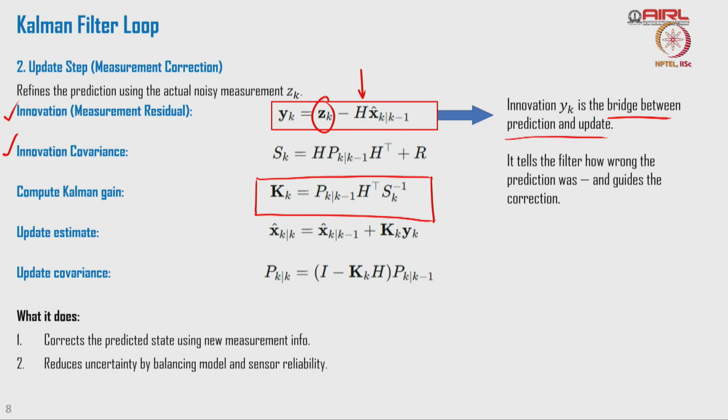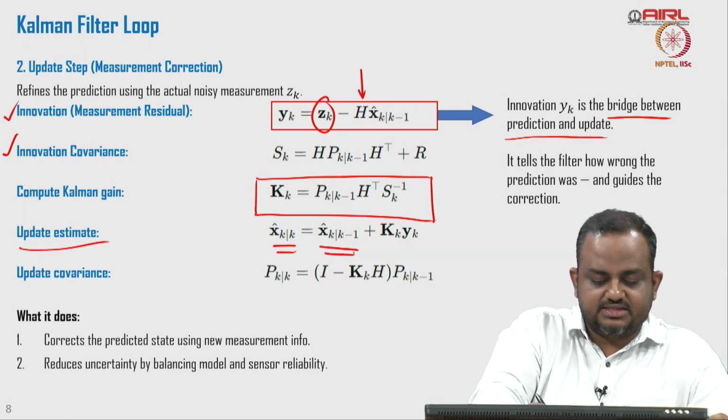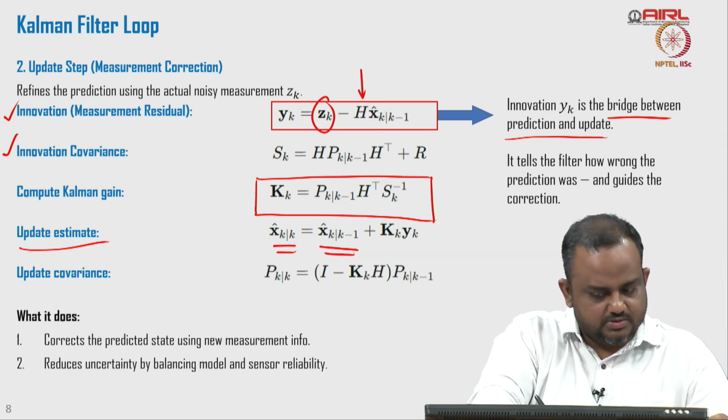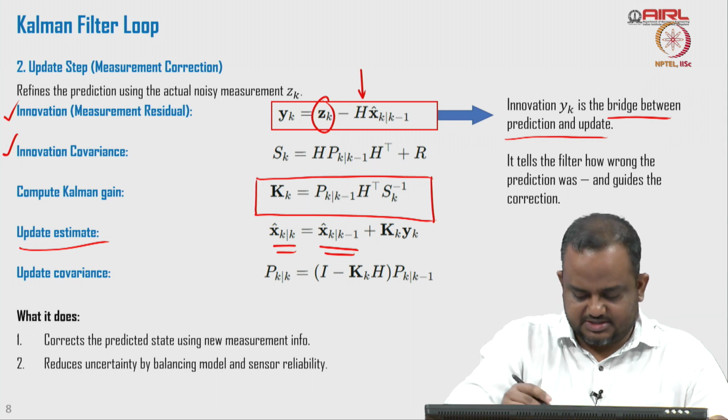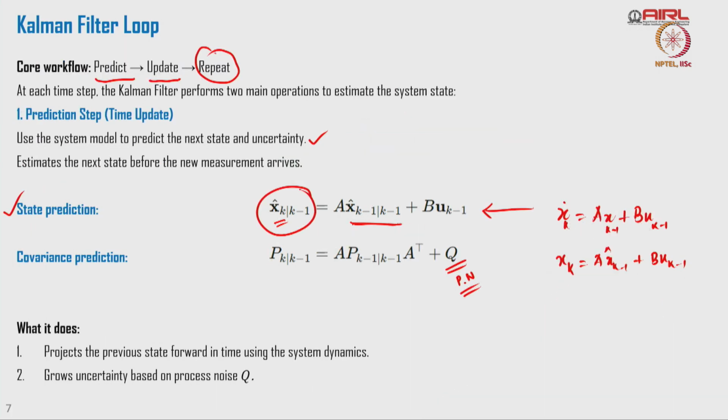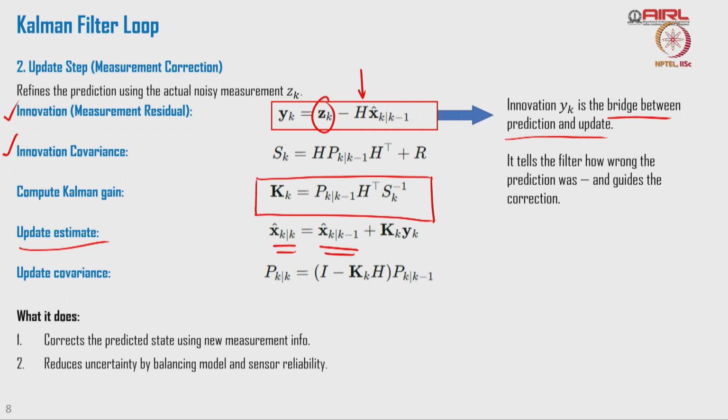The state estimate is updated, so we get x_k in terms of x_{k|k-1}, which we got in the first stage. Then it updates the covariance, and it goes iteratively like this. When we get this x_k and P_k, we use it for time step k plus 1.